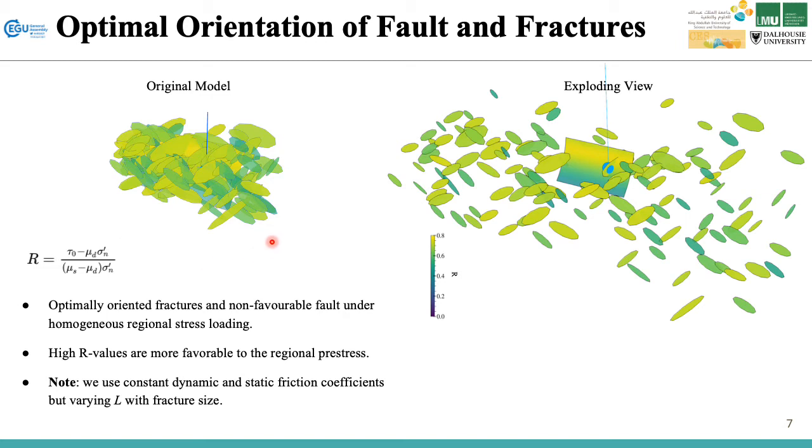However, it is difficult to see all the fractures, so we systematically break down the original view, here called the exploding view, to see more detail on every fracture. This plot will be used later to show the results. In the exploding view on the right panel, you can see clearly which fractures are optimally oriented and which are not. It is worth noting that we use constant dynamic and static friction coefficients, varying only the characteristic length L.